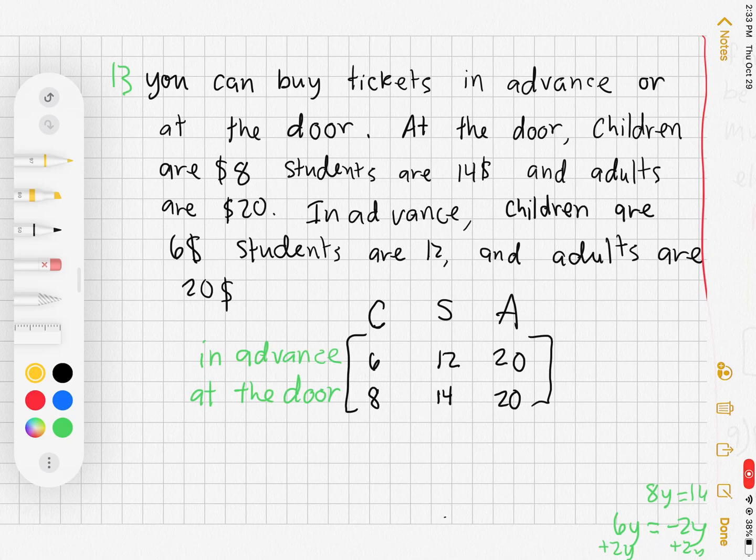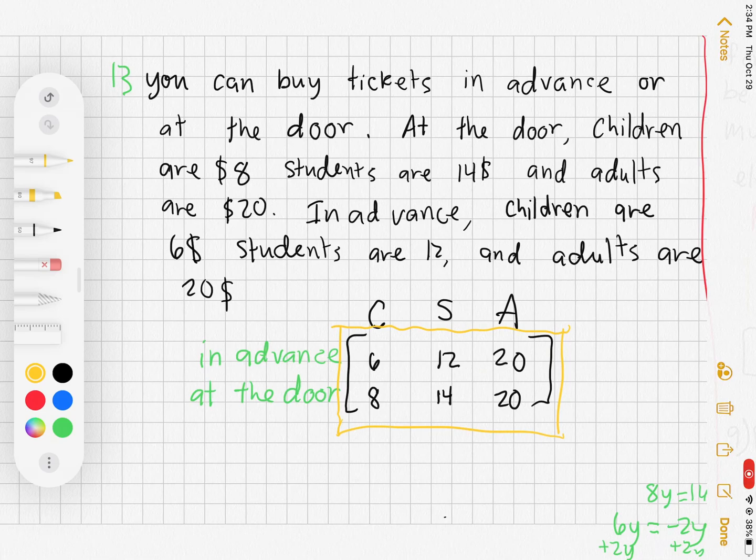Notice what I care about for your answer is the matrix only. You do not have to have the labels. You do not have to have any of the words that go with them. I solely care about the information. That's all you need to do with it. You don't need to add any other words or anything else.